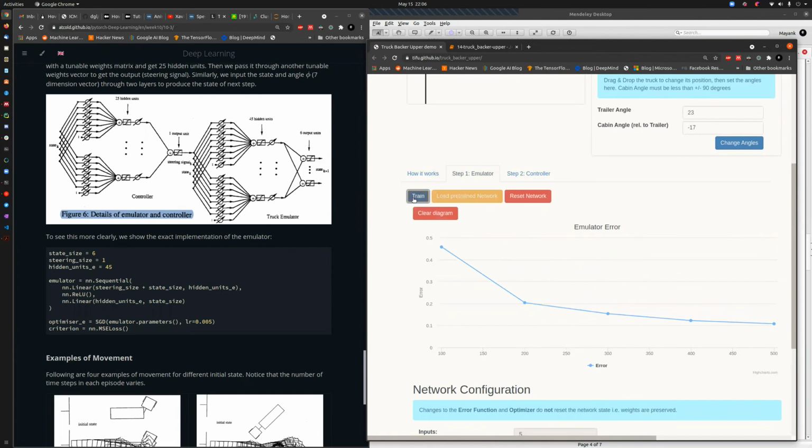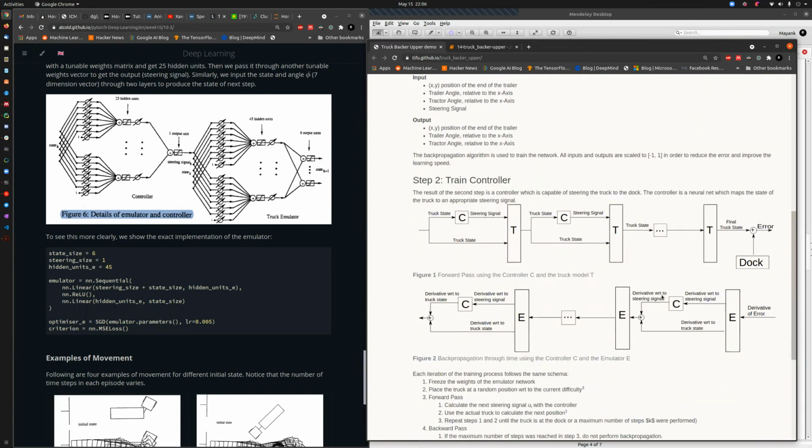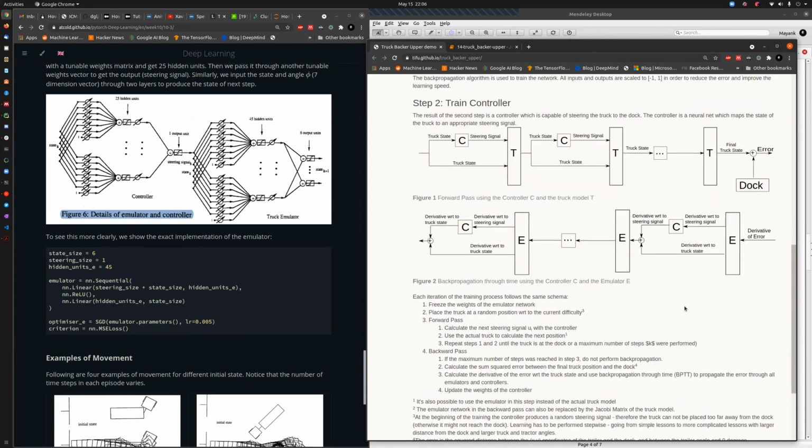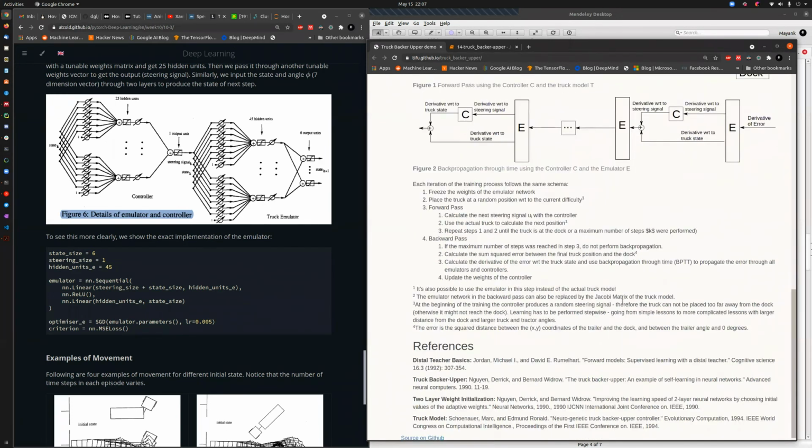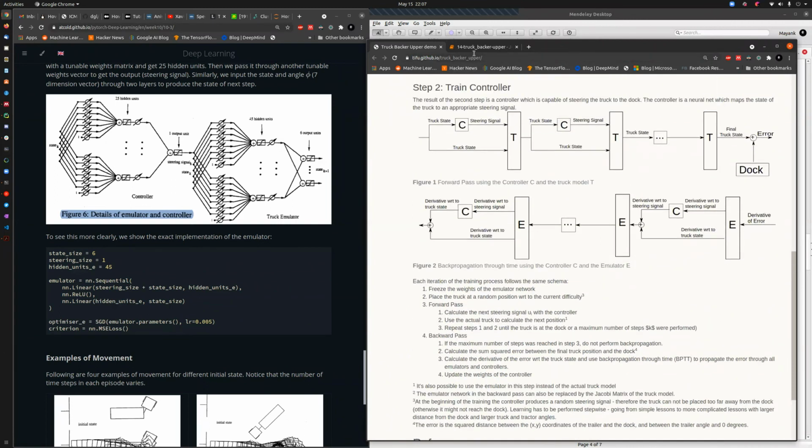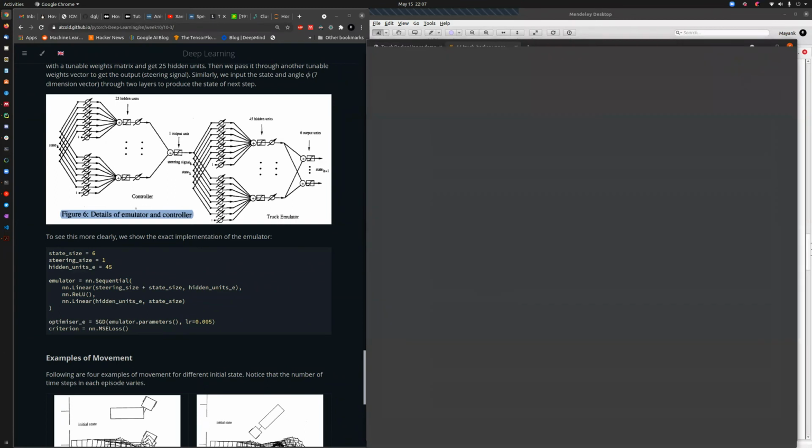Yeah. The thing is, this is the forward pass, and this is the backward pass using the controller and the emulator. And if we go into the code, I do not see this thing happening here.